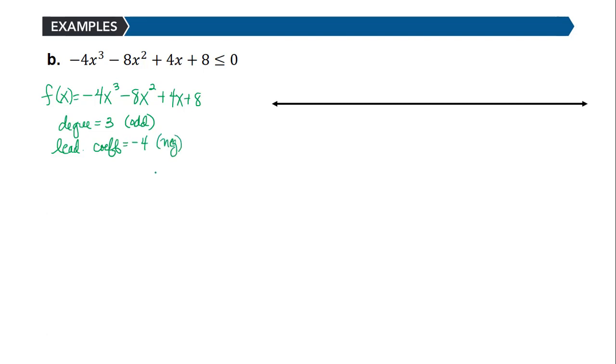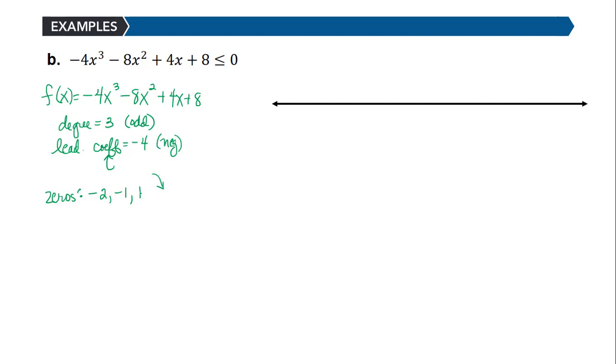So I know from that that the graph goes down to the right. Remember, the leading coefficient tells me how it will end to the right. Because it's odd, it's going to do the opposite thing to the left, so it's going to go up to the left. And we also know that our zeros were negative 2, negative 1, and 1.